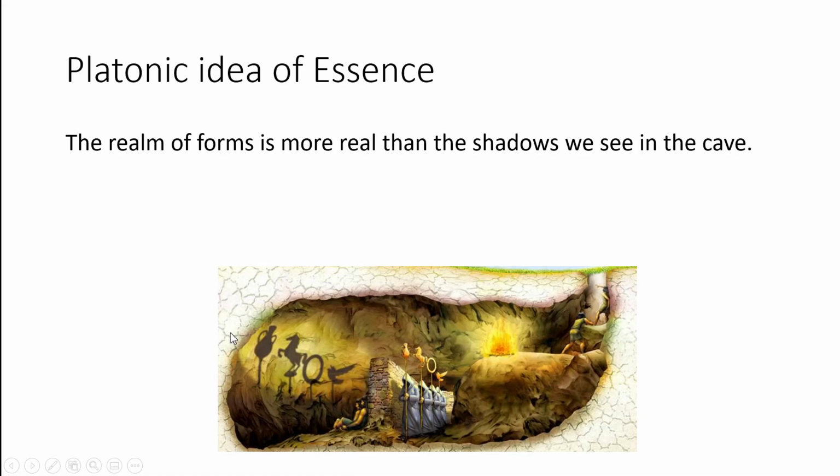This is the Platonic idea of essence, Platonic meaning derived from Plato: every table you observe, the table I'm banging my knuckles at now, is a 2D indication of the true, perfect, and ideal table that exists in the realm of essences or forms. So Plato sees there are 2 realms: this realm of shadows and this realm of forms and essence where the ideal forms exist.